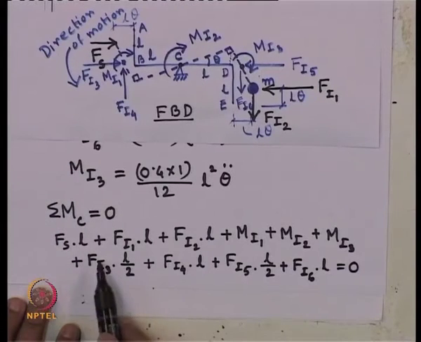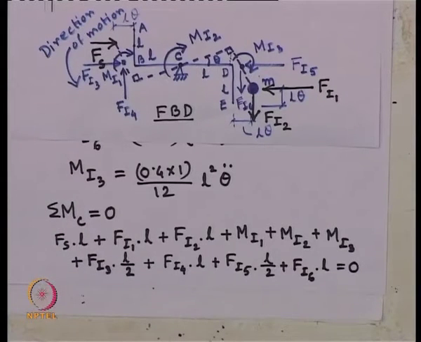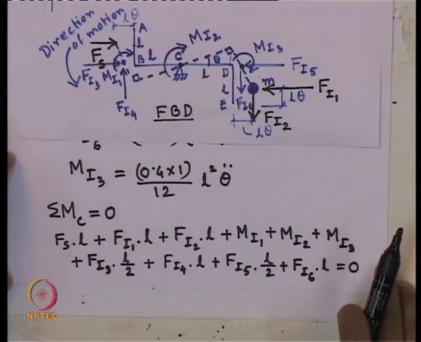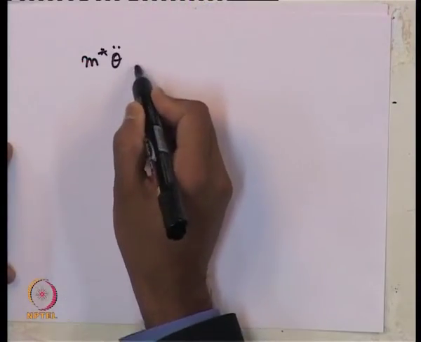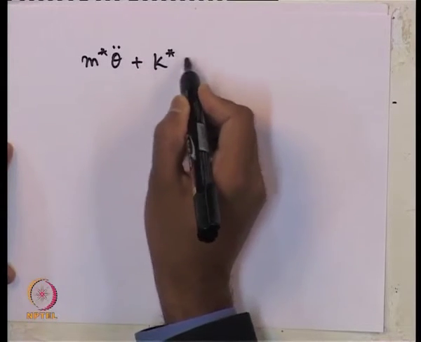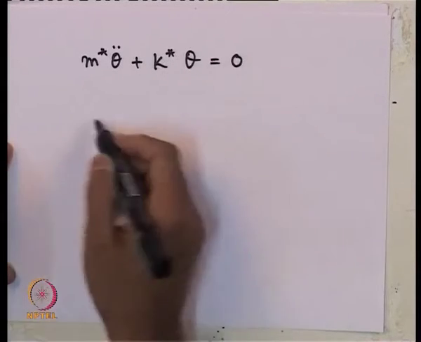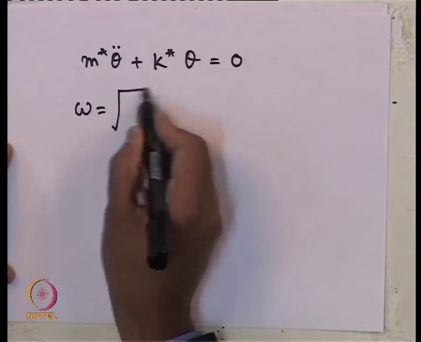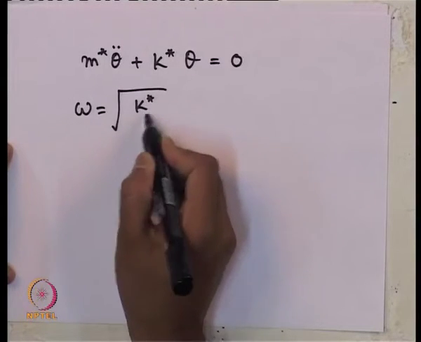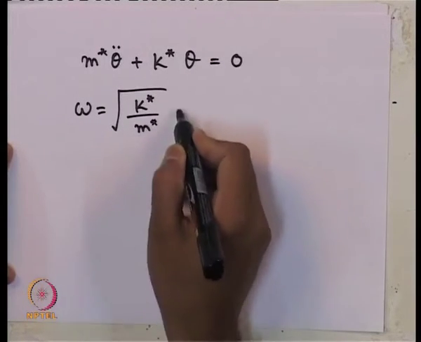Now, all the expressions for these forces are known to us. So, we can put them in this expression and then put it in our canonical form of m star theta double dot plus k star theta equals 0, and then compute the natural frequency, root over k star by m star.